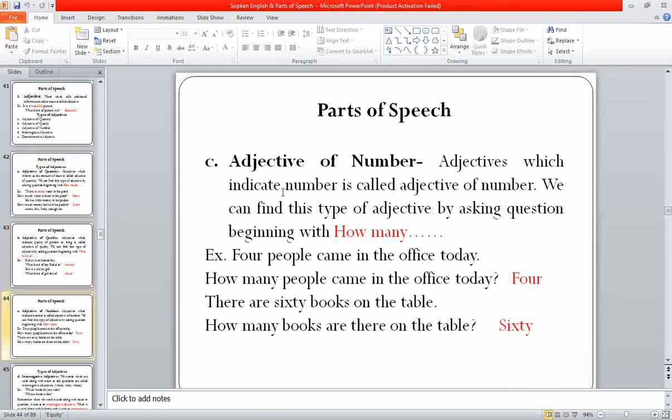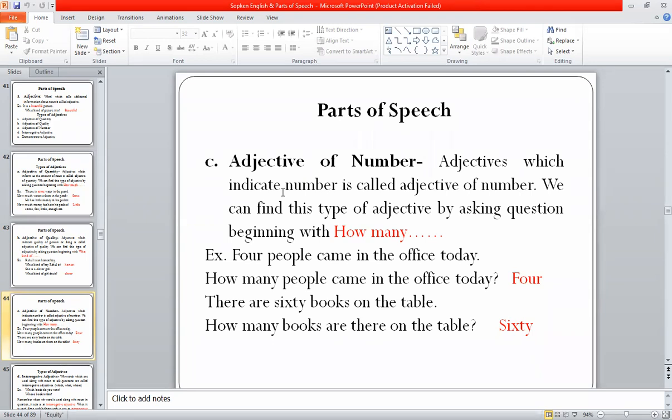Then the next type of adjective is adjective of number. How to identify it? These are the adjectives which indicate number. Adjectives which indicate number are called adjectives of number.